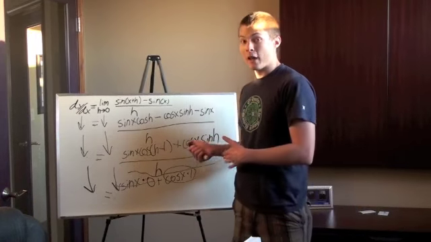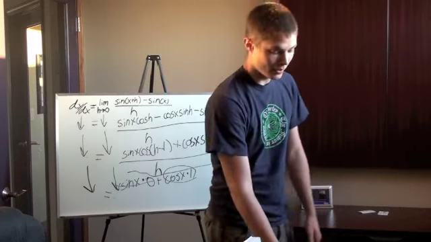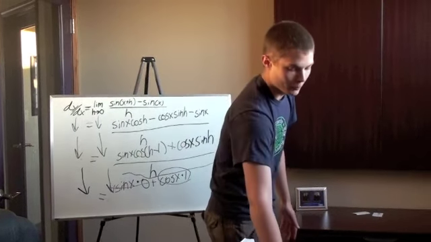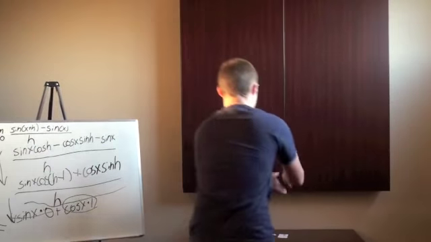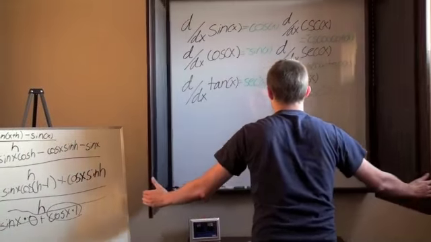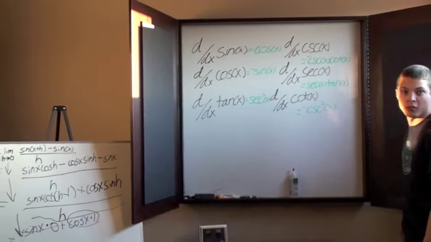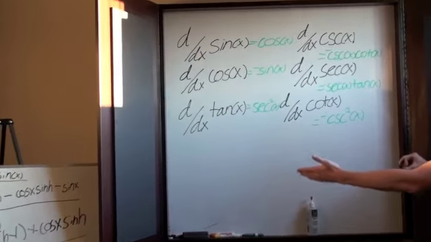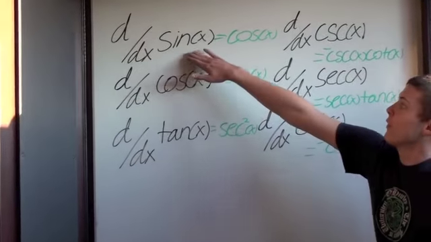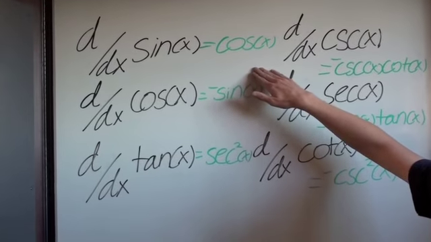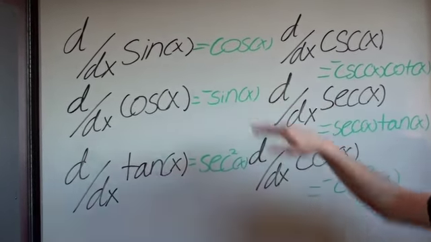Now that you've seen how we do that, I'm going to take you to my little cheat board. This will make things a bit easier. Here, we have all 6 of the basic trigonometric functions. We have the derivative of sine of x equaling cosine of x, which we just proved.